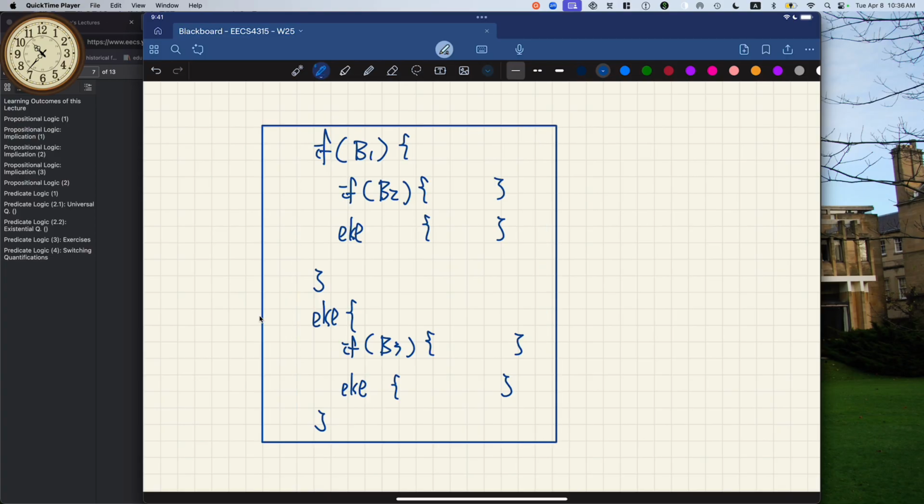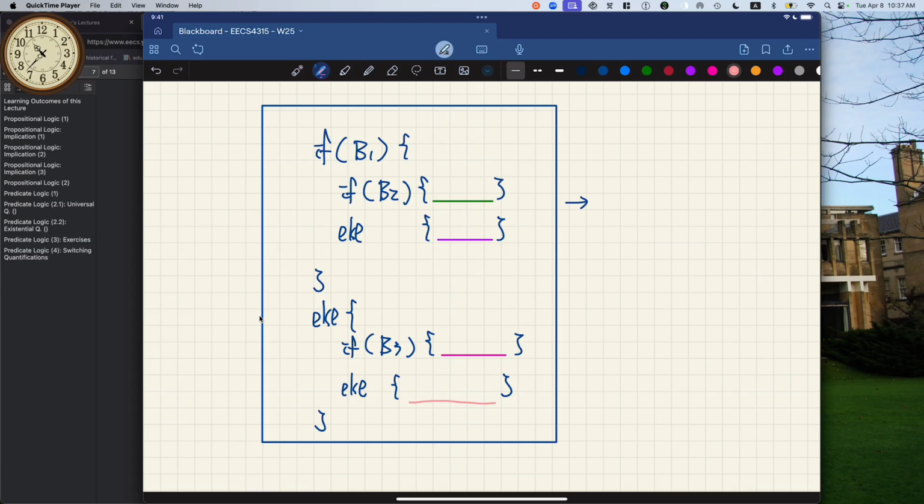So if you're given something like this, you can flatten out the structure. Think about the different branches you're going to go to. Branch number 1, you can go to branch number 2, and also branch number 3, and also branch number 4. So what we can do instead is say if B1 and also B2, and in that way we're going to do whatever the green one is going to do.